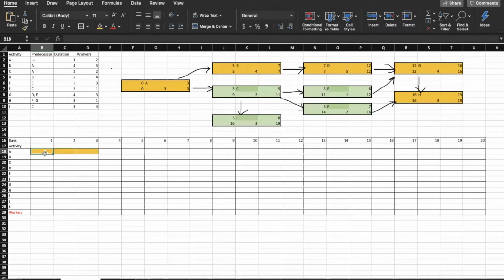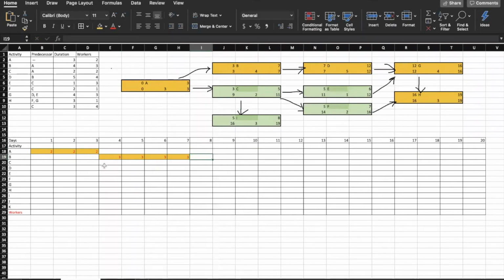And for each of those days, we need 2 workers, so we're putting number 2 in. Activity B starts right after A, so we can start it on day 4. And that takes 4 days, so we are highlighting 4 cells and putting 3 workers in each of those cells.